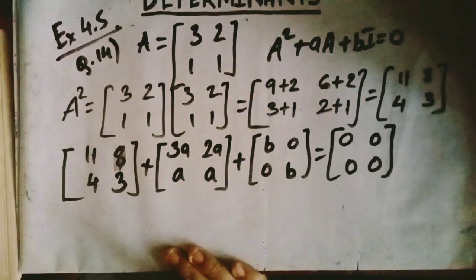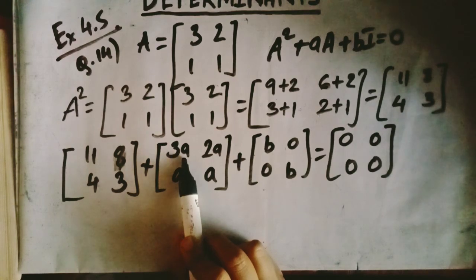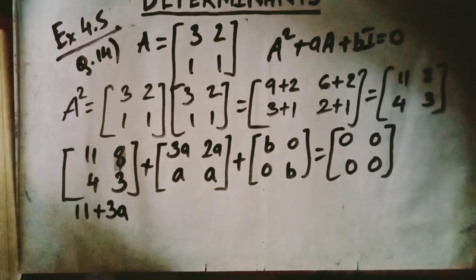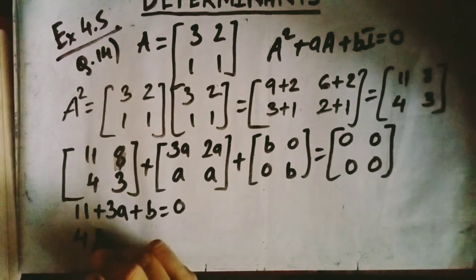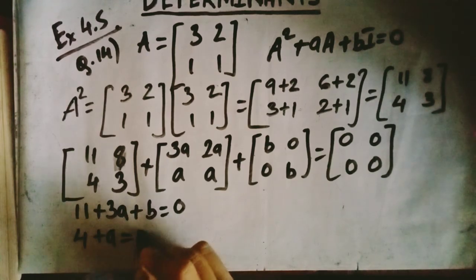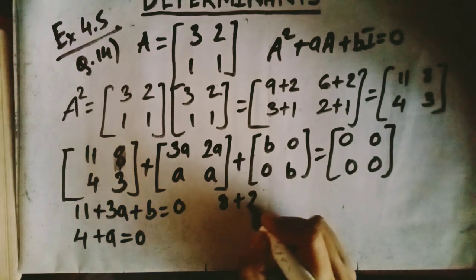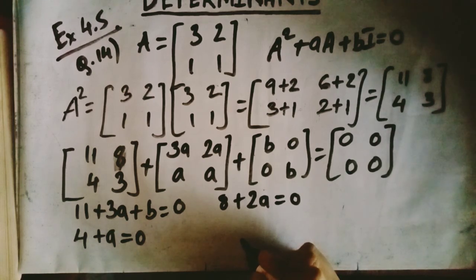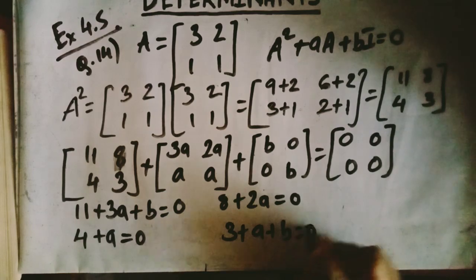Now write down the equations. This will be 11 plus 3a plus b equal to 0, 4 plus a plus 0 equal to 0, then 8 plus 2a equal to 0, and 3 plus a plus b equal to 0.